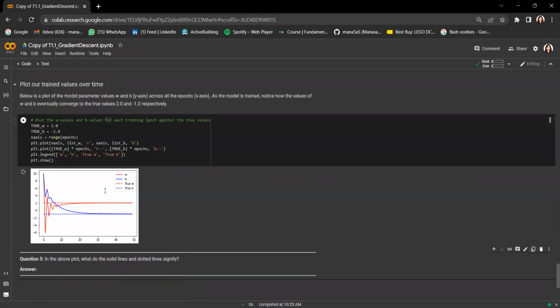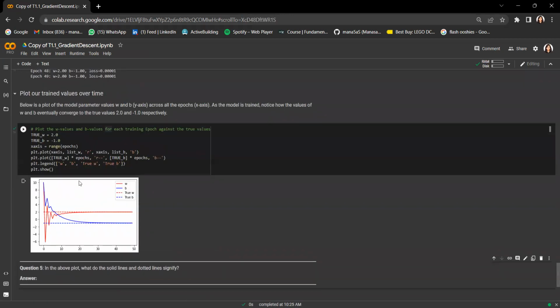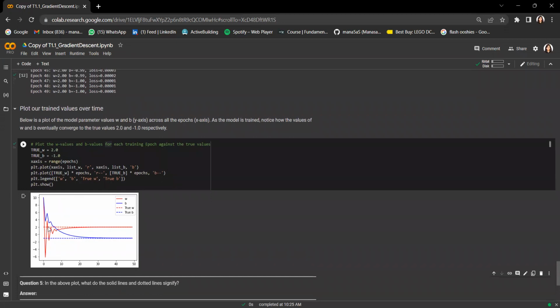So now if we go ahead and plot this, we see that the dotted lines represent our ground truth value of W and B, which is 2 and -1. And our estimated values of W and B as we go through multiple epochs eventually converge to the ground truth values. So this is essentially a simple training procedure used to iteratively guess the parameters of the function.